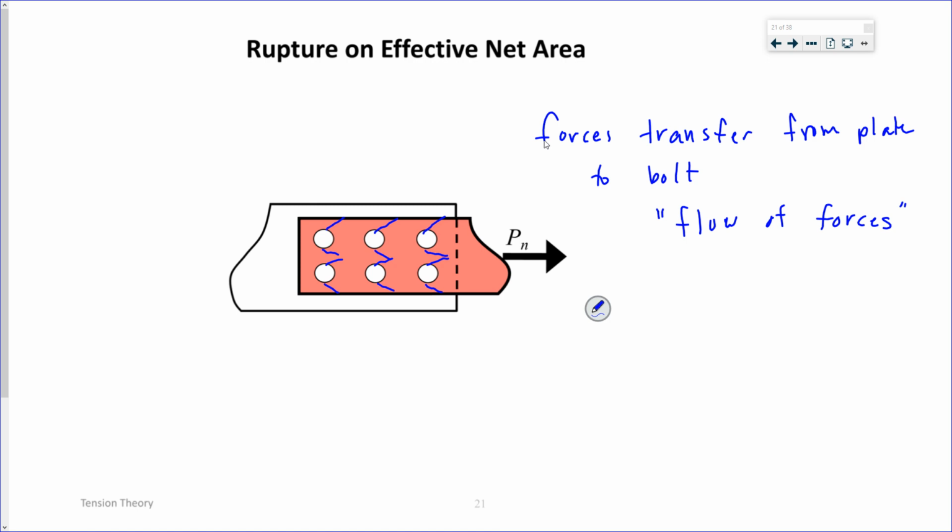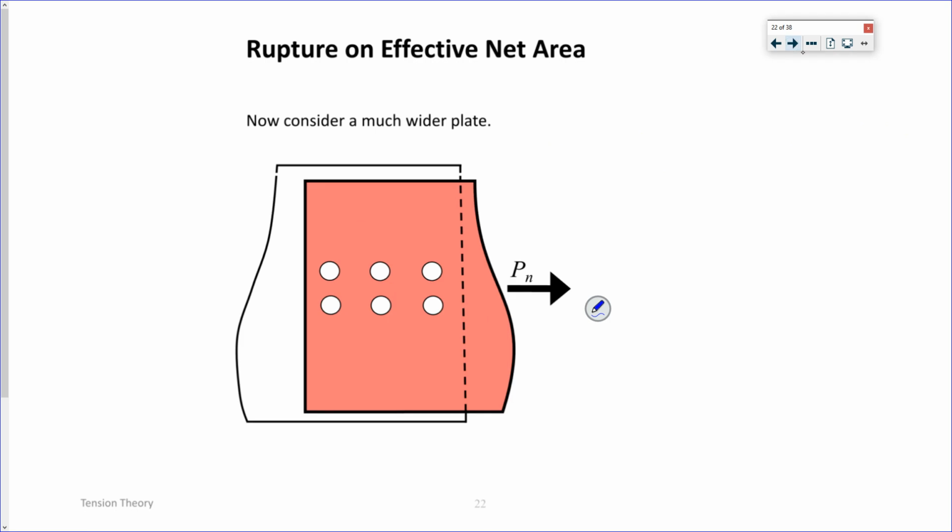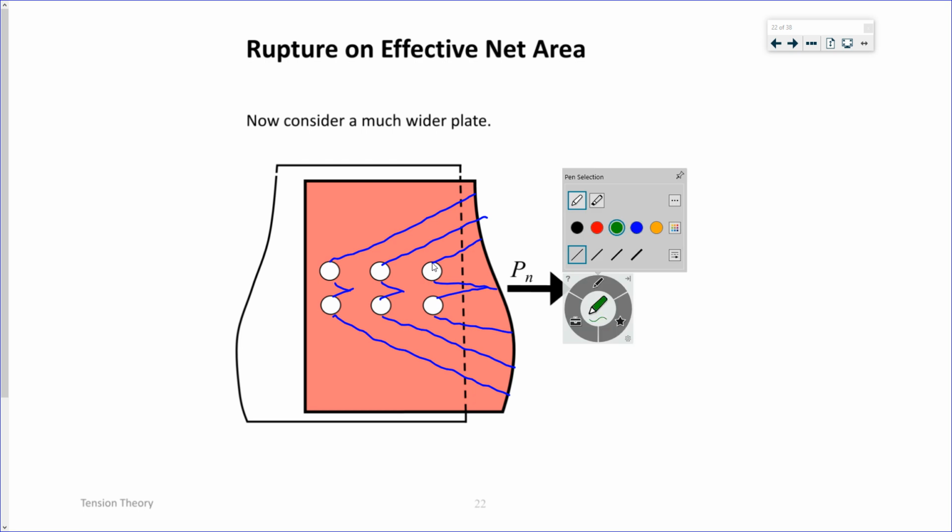Now imagine if we had a much wider plate, and my forces were flowing from the bolts. Well, I just said earlier, where am I going to fail? Right here.